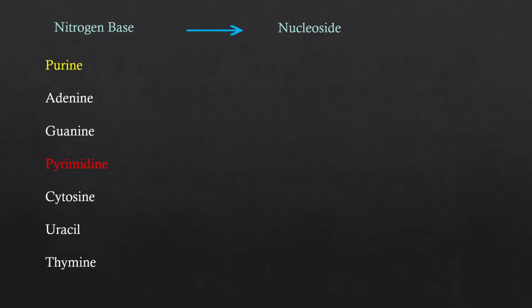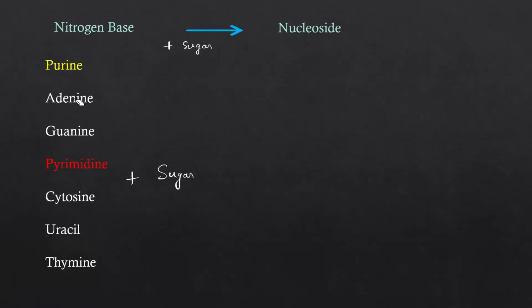If this nitrogen base joins with the sugar, which could be ribose sugar or deoxyribose sugar, we call it a nucleoside. With ribose sugar we simply call it adenosine. If it is deoxyribose sugar, we mention the word deoxy. Okay. So you can write like this.